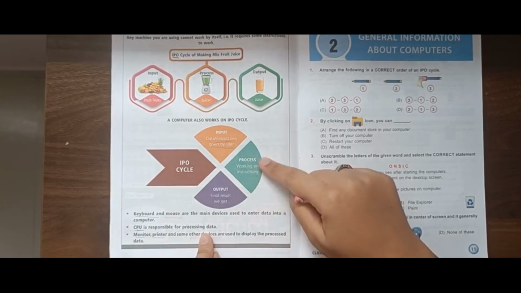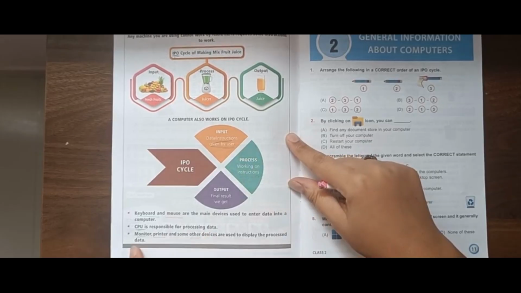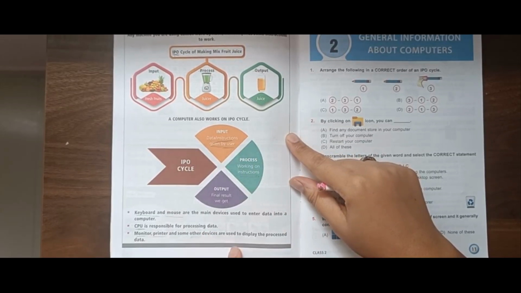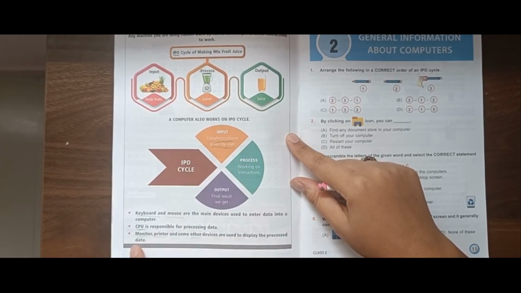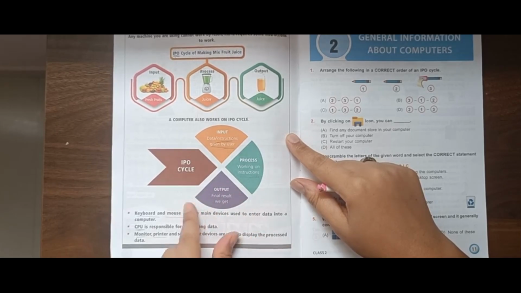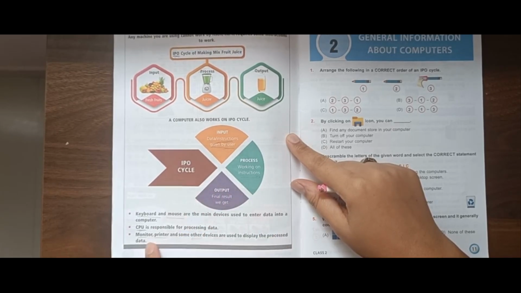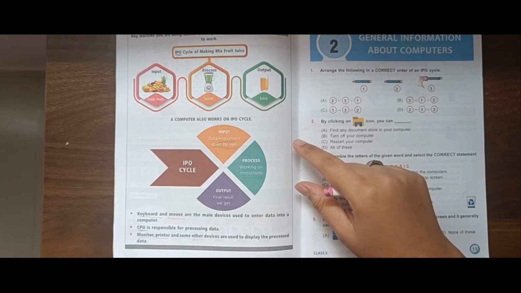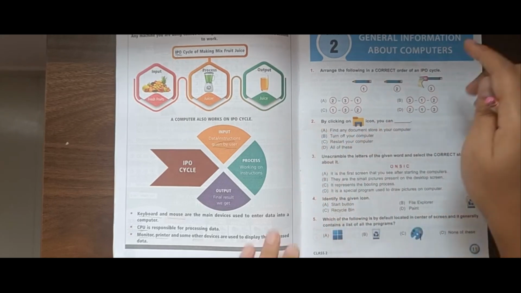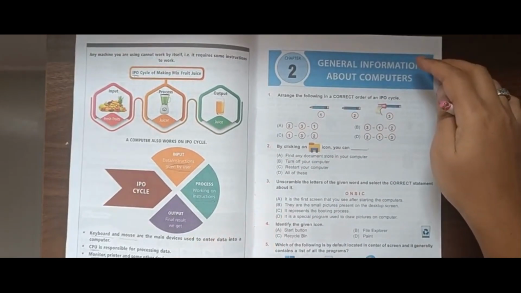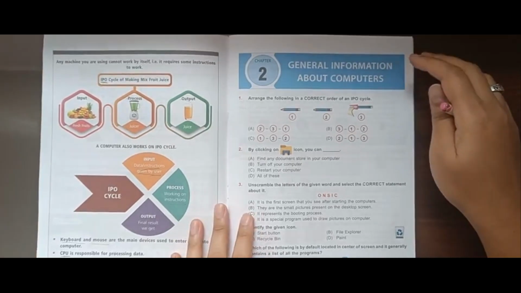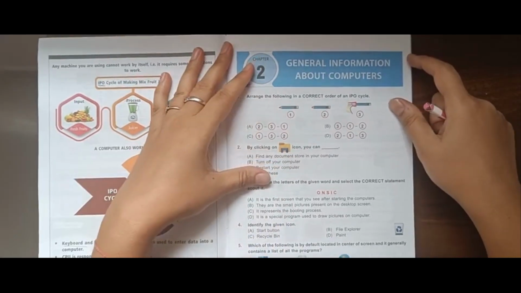For processing, which device is used? CPU. Monitor, printer, and some other devices are used to display the processed data. The final output you can see on the monitor, printer, speakers and headphones. You can use them as output devices.